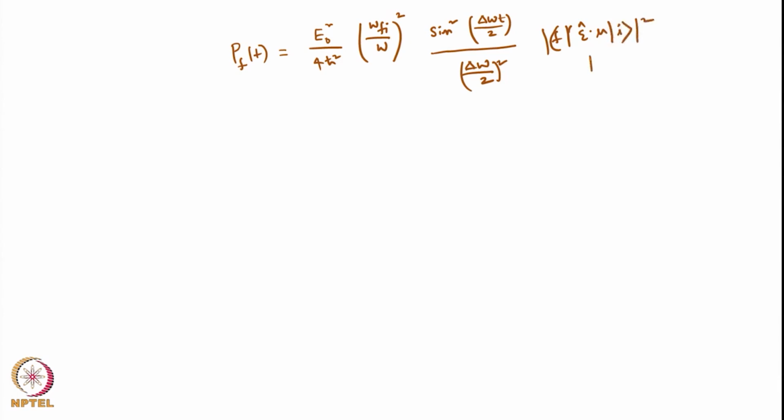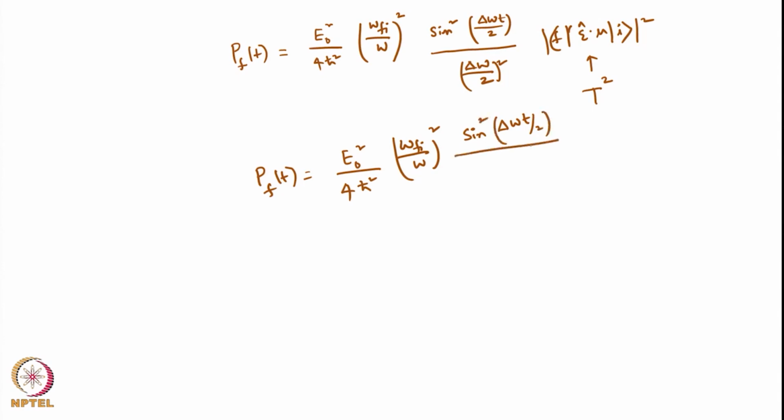Now this, I told you, is a transition moment integral, a definite integral. I will just write it as t and take a square of it, so it will be t square. So your Pf of t is equal to E naught square by 4 h bar square, omega Fi by omega square, sine del omega t by 2 square of that, and del omega by 2 square of that, times t square.